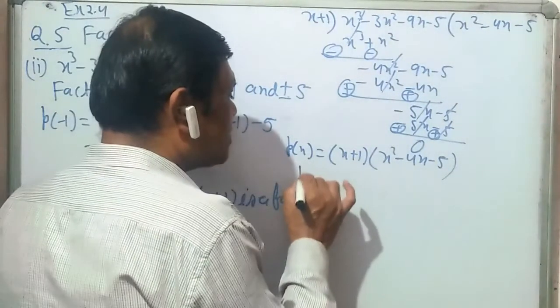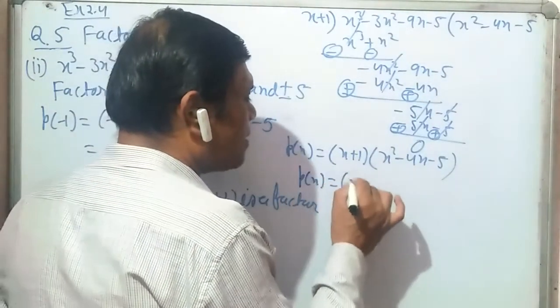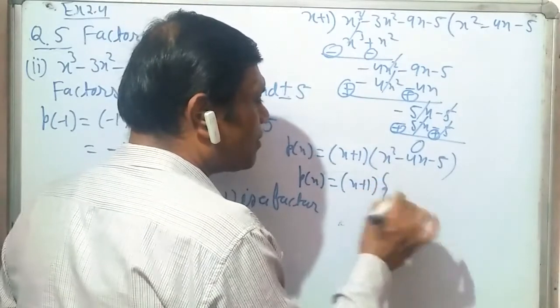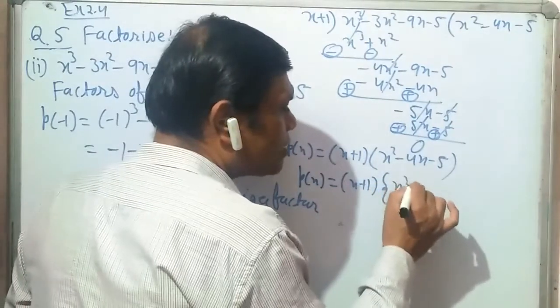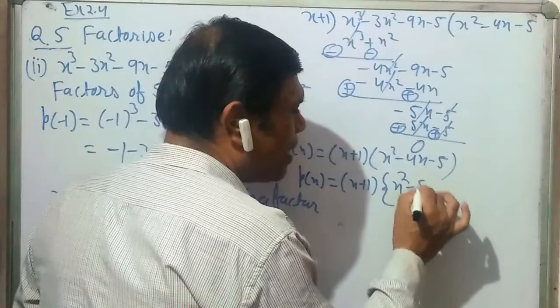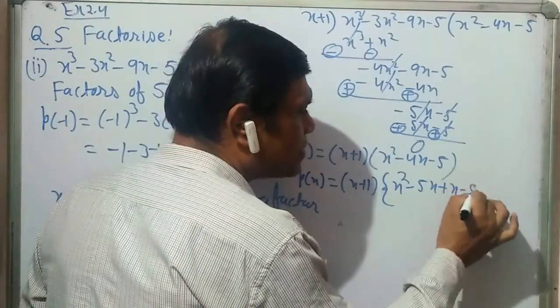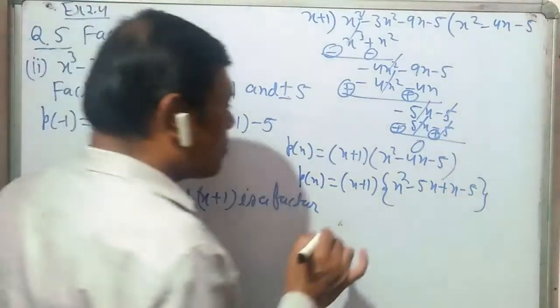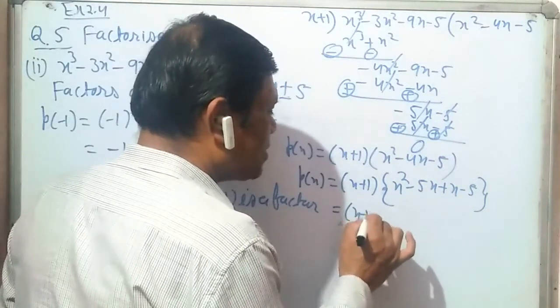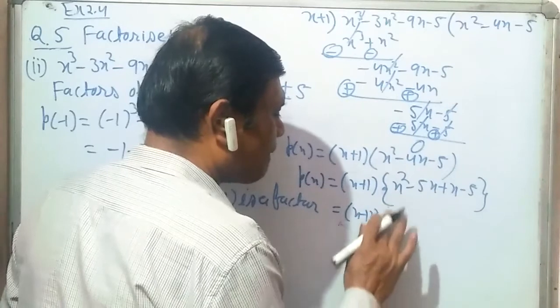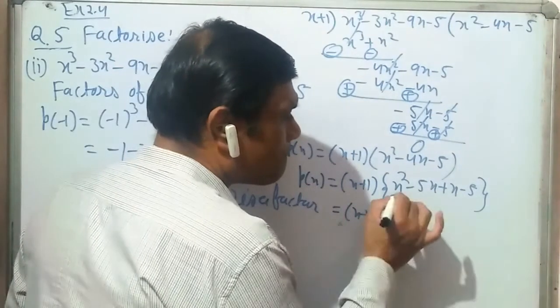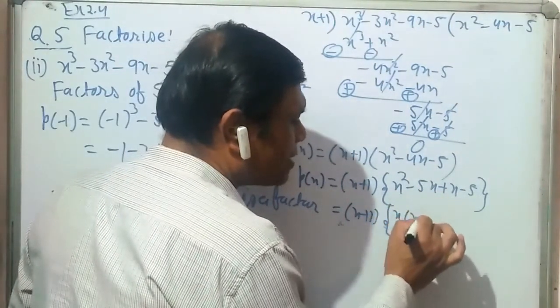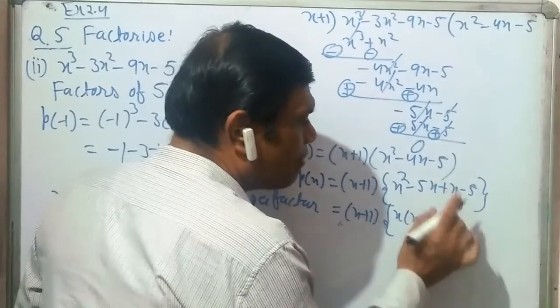So what we have is p(x) is x plus 1, we have x square minus 5x plus x minus 5. Take out commons. We have x plus 1, x will be common, x minus 5, 1 will be common.